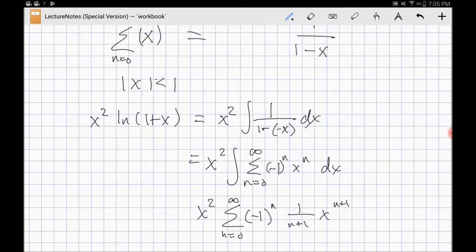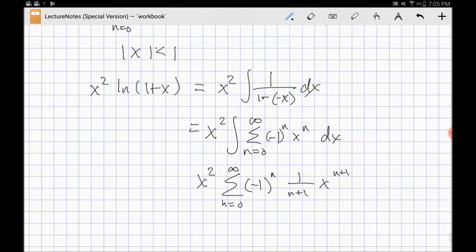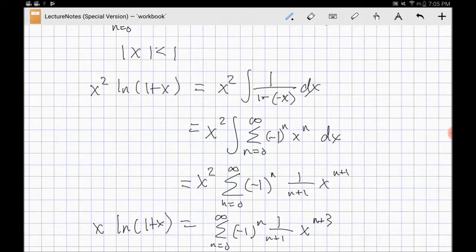And then from here, we can multiply our x squared into the series to get the sum from n equals 0 to infinity of negative 1 to the power of n, 1 over n plus 1 times x to the power of n plus 3. And so this is equal to x squared times ln of 1 plus x.